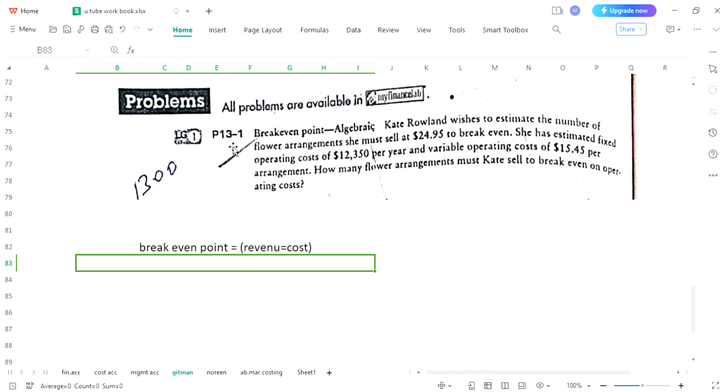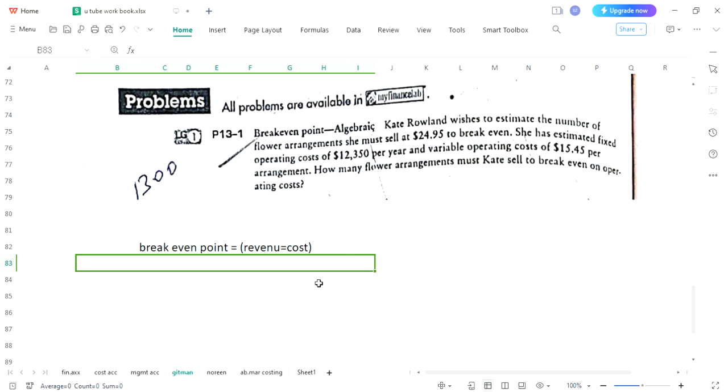So here you can see that our requirement specifically is to calculate a break even point. First of all, we will read this question, whatever is given as an input we will note it down, and then we will calculate what is required. Kate wishes to estimate the number of flower arrangements she must sell at 24.95. Look here, she must sell at 24.95.